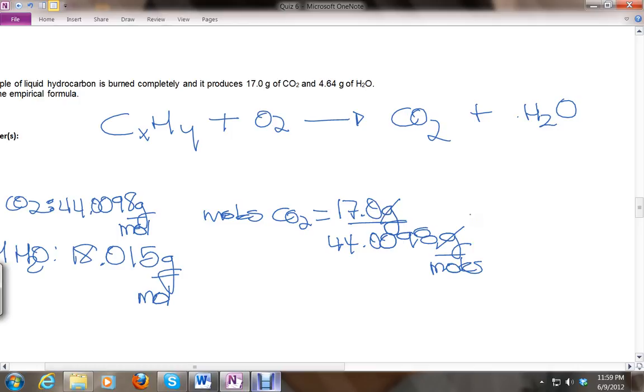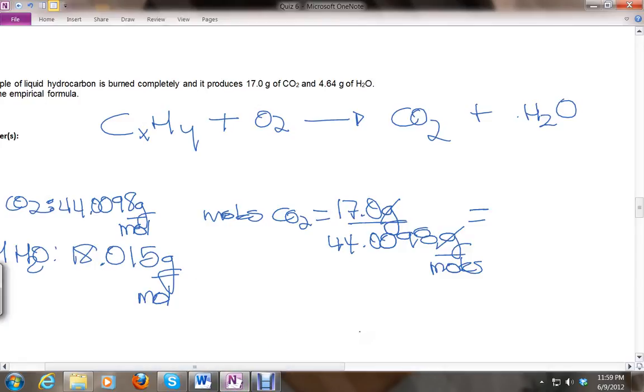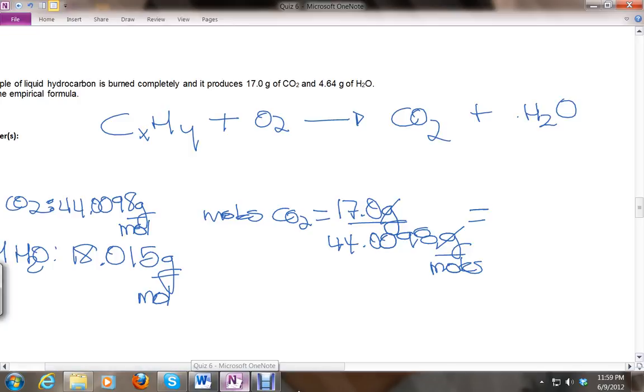So the grams cancel out. And this is going to be equal to 17.0 divided by 44.0098, which equals 0.386.